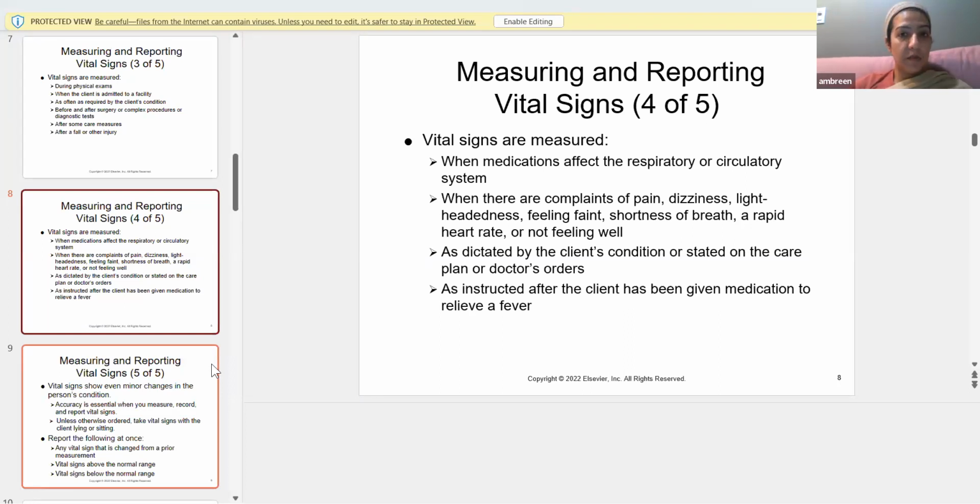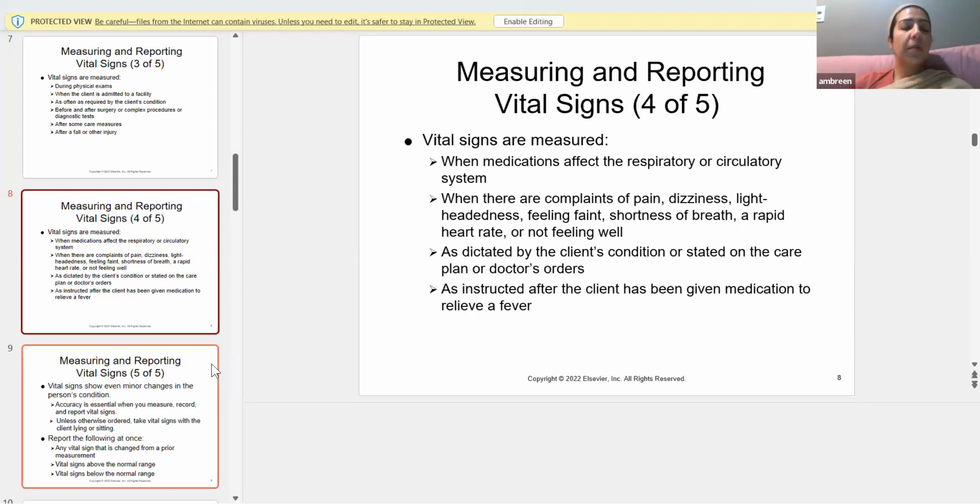What is the effect of this medication? Is it working or is it really not working? To make sure, we again take the vitals of the client. So this is another reason why we take vitals.